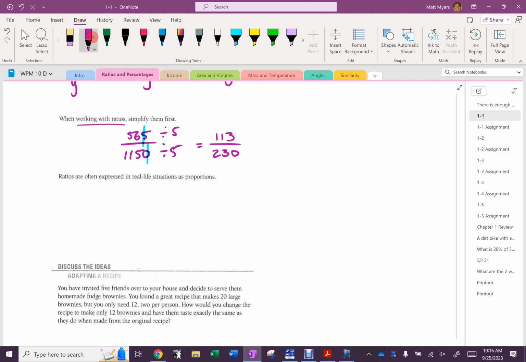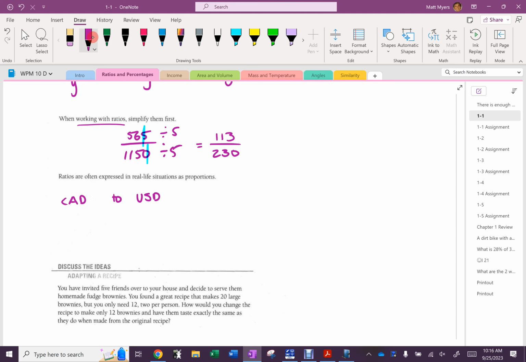Now, in real life, we often use proportions when we're dealing with ratios. So let me give you an example. I am going to write a ratio in words. Canadian dollars compared to US dollars. I don't need the dollar sign. Canadian dollars compared to US dollars. Which number will go first? Canadian. Canadian, because that is first.